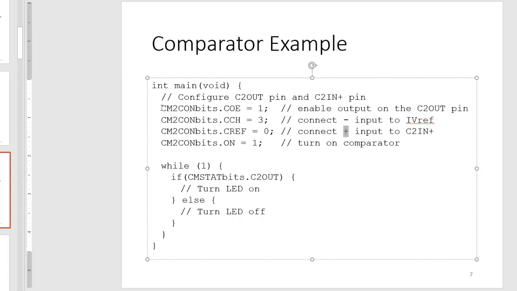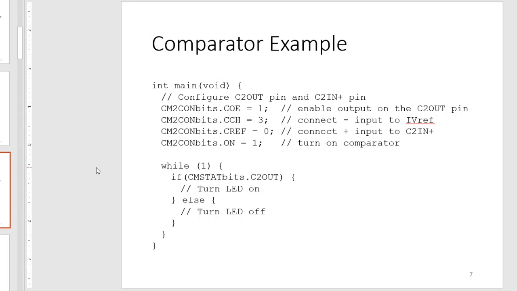Note that we are using comparator 2. Then lastly, when we are ready, we turn on the comparator. So what this does is whenever we see that the comparator output is high, we turn an LED on, or else turn an LED off, or whatever event you want.